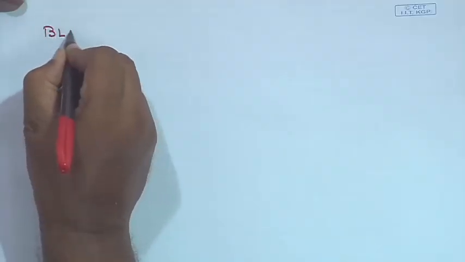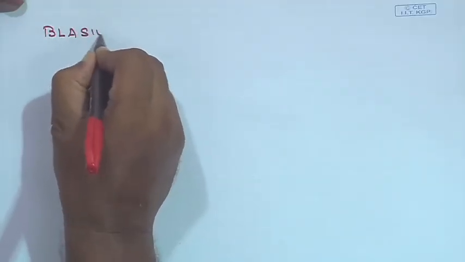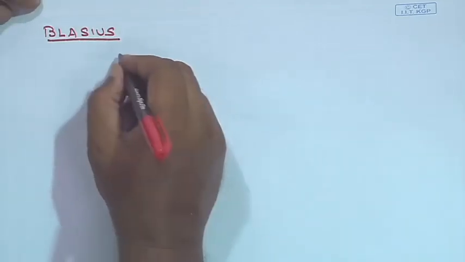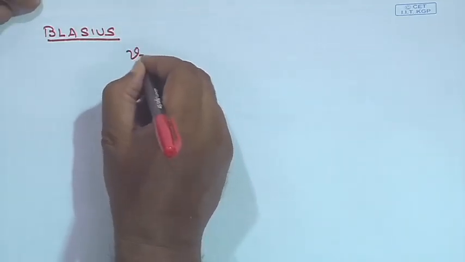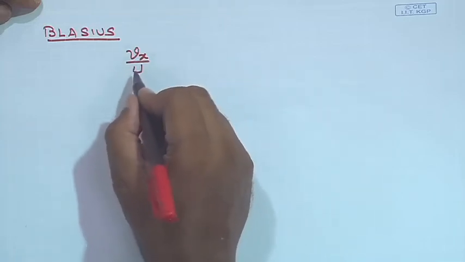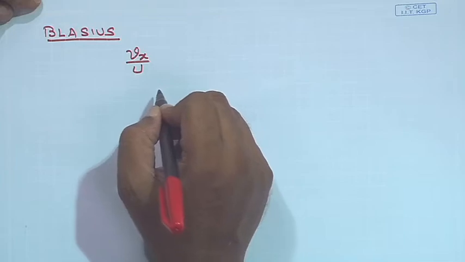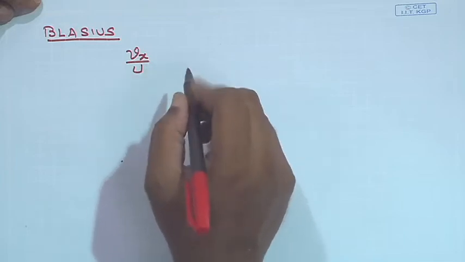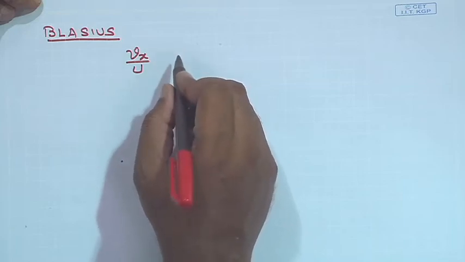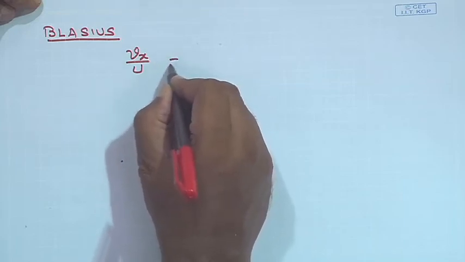Now, whenever we come across such an equation, it was first solved by Blasius, and it is also known as the Blasius solution. What Blasius reasoned was that the velocity profile, the dimensionless velocity profile, should be similar for all values of x when plotted versus a non-dimensional distance from the wall.